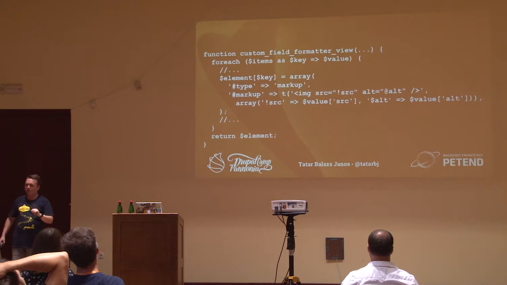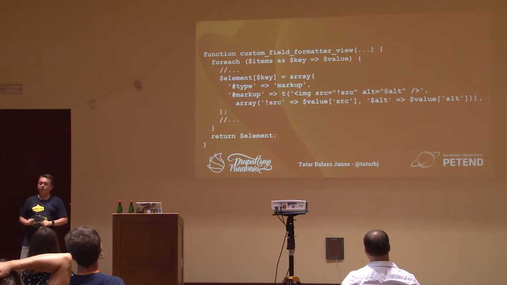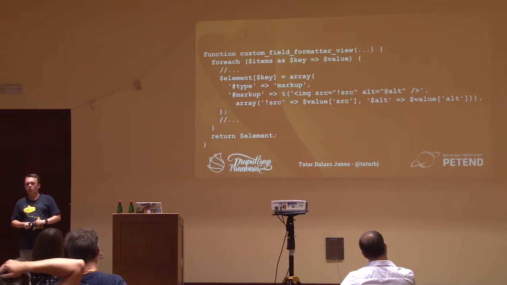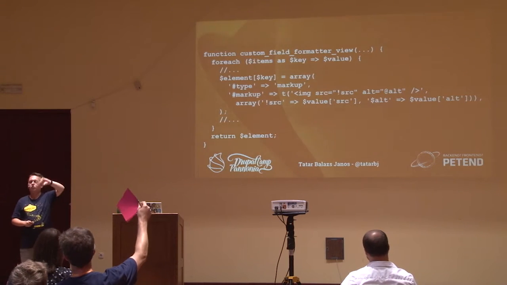Is there any issue with it? I see some red cards. I see the others are sleeping. It's so hot inside, I'm telling you. Okay, you are not really agreeing. There is a green one, very good. There are even more green ones.